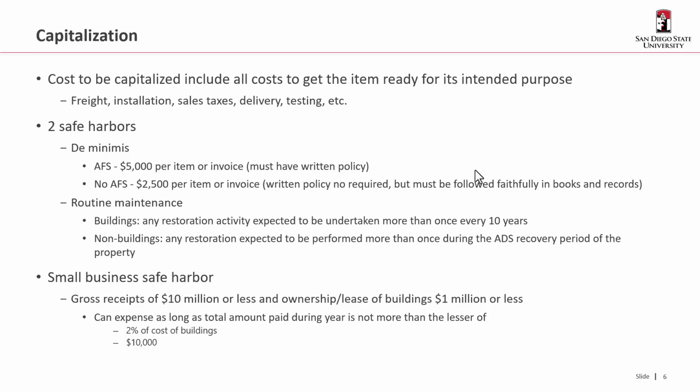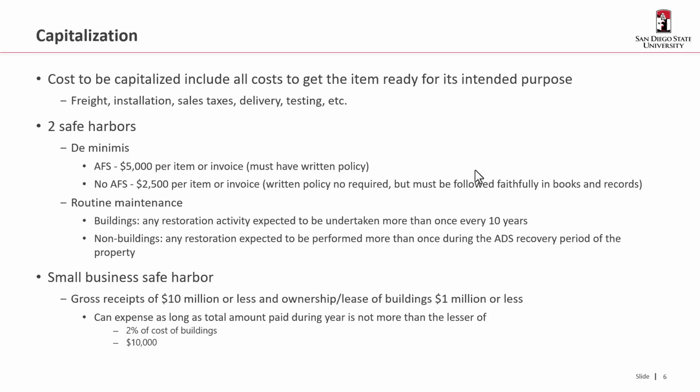So routine maintenance is the second safe harbor. And this says, okay, if you're performing maintenance on buildings, because there's two different scopes on this one, one for buildings, one for non-buildings. If you're doing routine maintenance on your buildings, anything that you would expect to undertake more than once every 10 years, you can deduct.